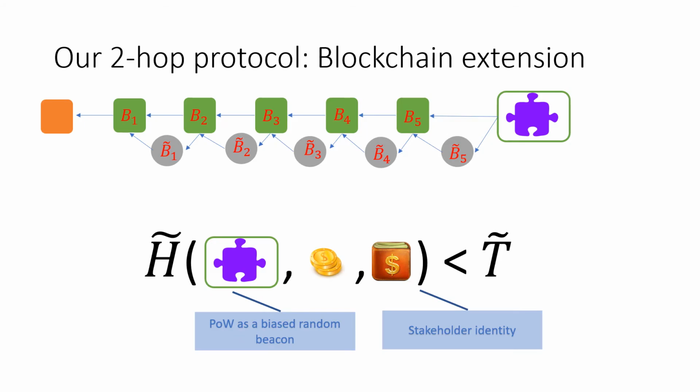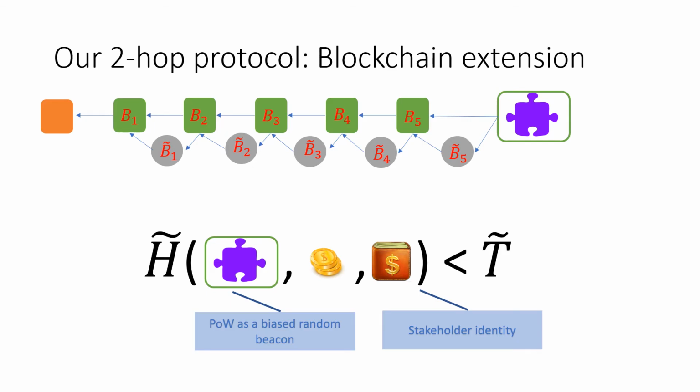The next hop in our design is the proof of stake hop. We also have a hash inequality for the proof of stakeholder selection process. The inputs of this hash inequality include the new proof of work block treated as a biased random beacon, the transaction and the stakeholder identity.